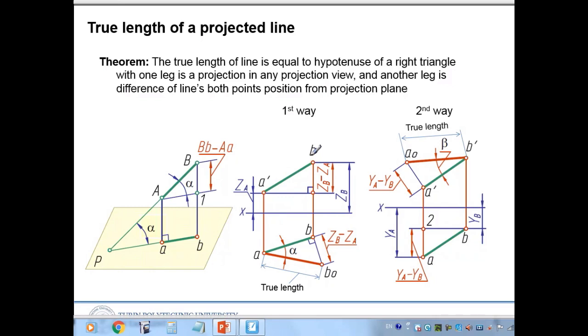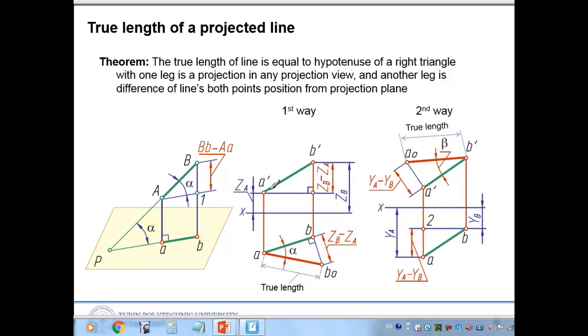Okay, so in order to measure the exact length, you need to see it from the perpendicular, from 90 degrees. Then you can measure it.